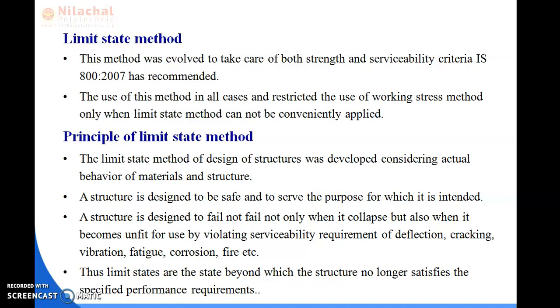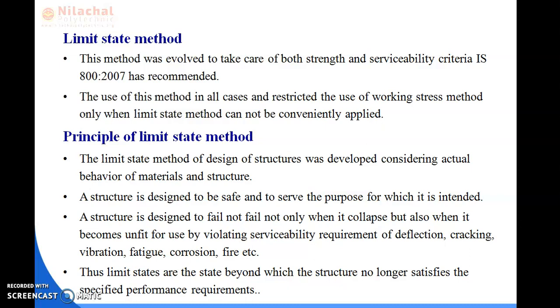That means the optimum stress level of the structure we can find out in the limit state method, and after the optimum limit state it gives a sign in the form of cracks, indicating that the structure may fail after some time.